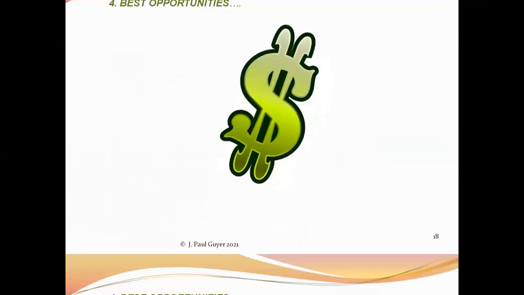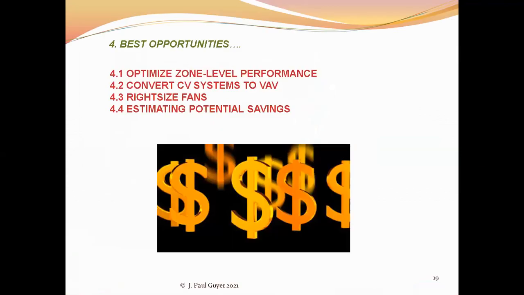So what are the best opportunities for energy efficiency improvements? Well, the approach is to, kind of what you see here, to optimize zone level performance, to convert constant volume systems to variable air volume systems, and then right-sizing the fan as a result, perhaps, of other energy efficiency improvements that have been incorporated into the building.